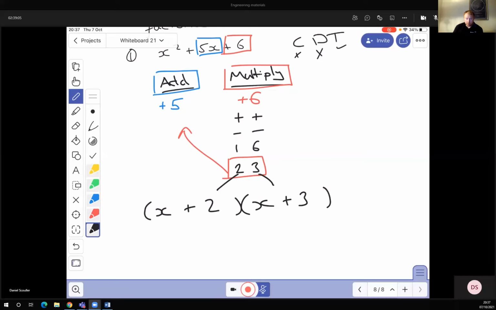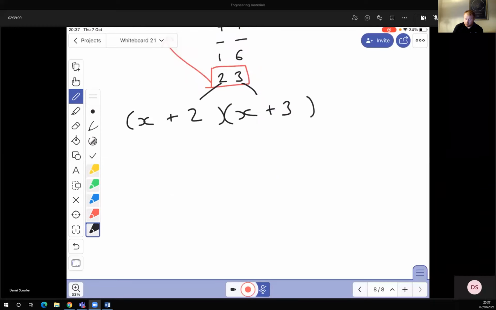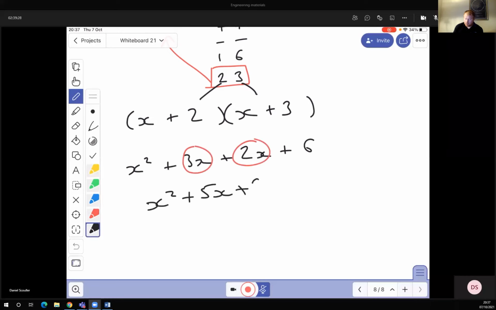Remember, you can always double check your brackets by doing FOIL. So you've got x squared plus your 3x plus 2x plus 6. Collect the like terms: x squared plus 5x plus 6.